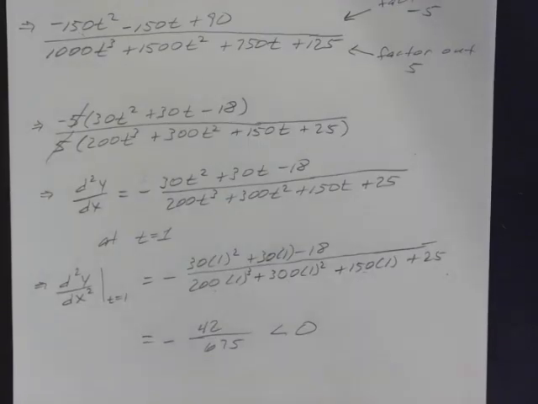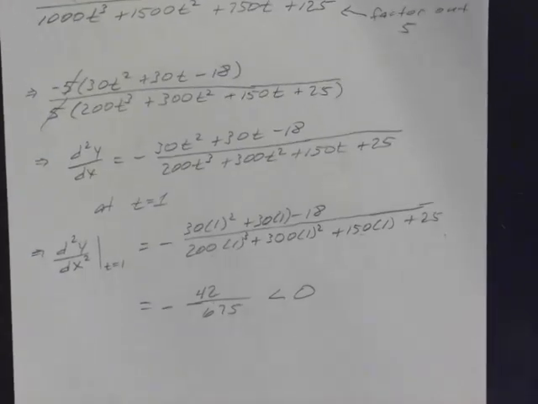Okay, so the final answer really didn't matter much. We just needed to know whether it was positive or negative. So since it's less than 0, we know that the curve is concave down.